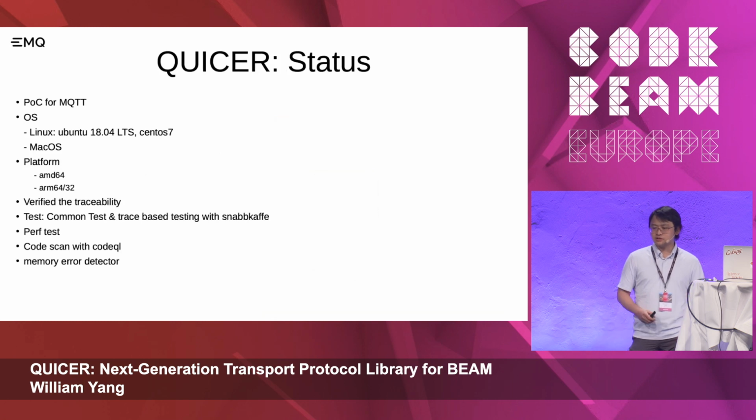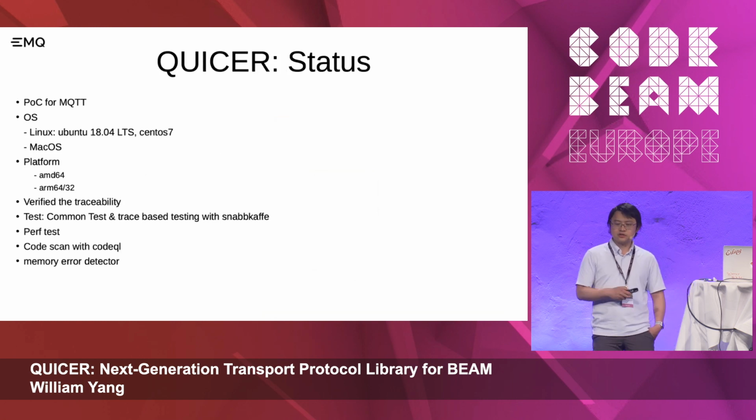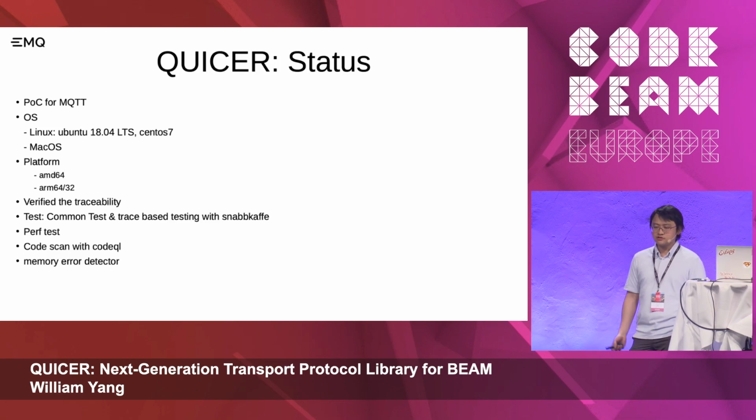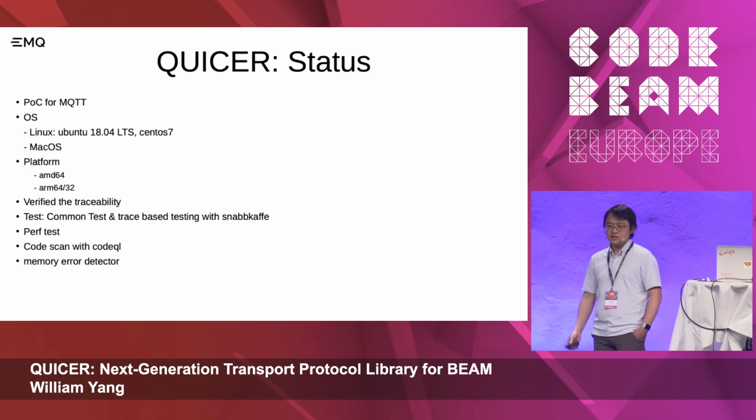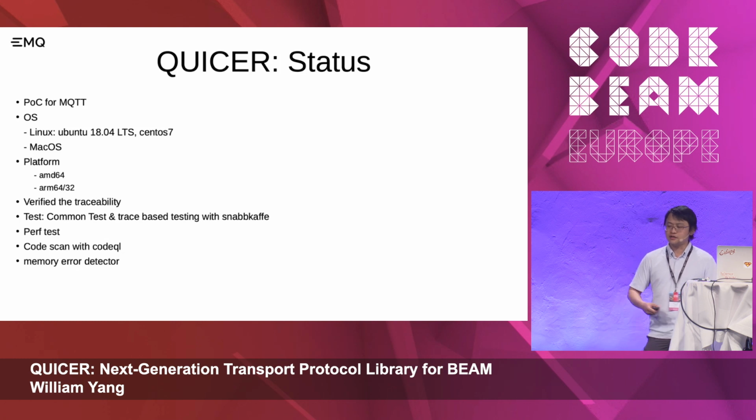Okay, current status of QUICER. It's still a proof of concept, because lots of things are changing and we are still learning how to do it in NIF. It supports lots of platforms and operating systems as usual, and we have verified the traceability, so we can start more massive development.